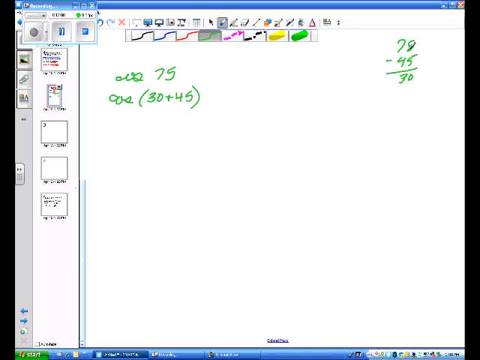Now we could have added 45 to that and we would have gotten 120. So 120 minus 45, so we can still get it by subtracting. So this would be the cosine of the first, cosine of the second, minus sine of the first, sine of the second.